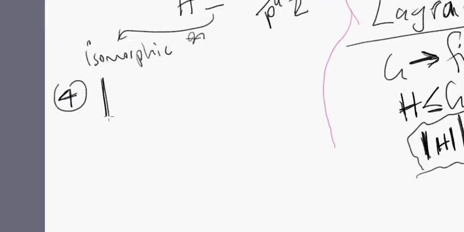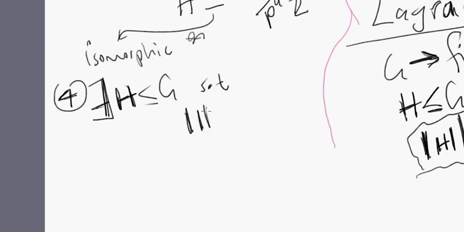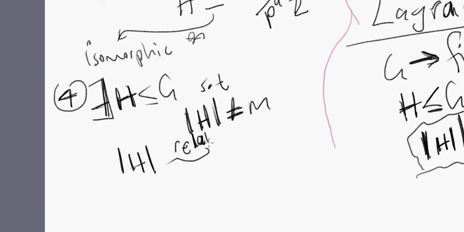Perhaps we could say that there exists some subgroup H of G such that the order of H does not equal M, or maybe figure out how the order of H is related to M, to the order of G equals p to the alpha times m.